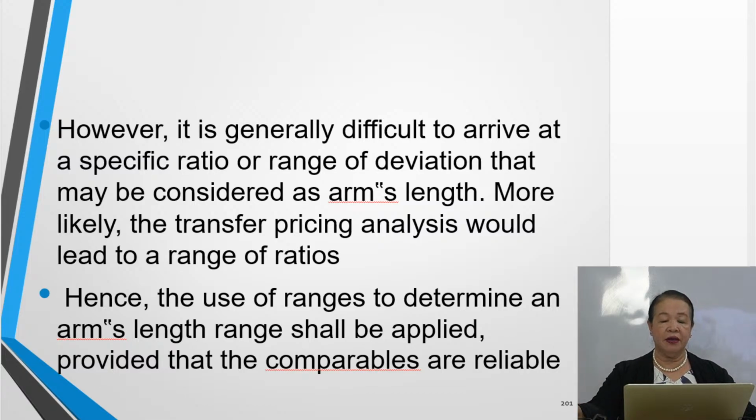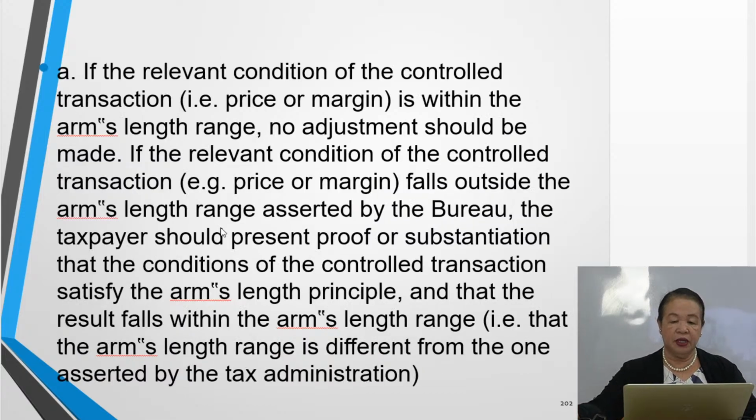So, if the relevant conditions of the controlled transaction, the price or margin, are within the arm's length range, no adjustment should be made. Because if within the arm's length range, it means they are comparable. If too high or too low, they are no longer comparable.